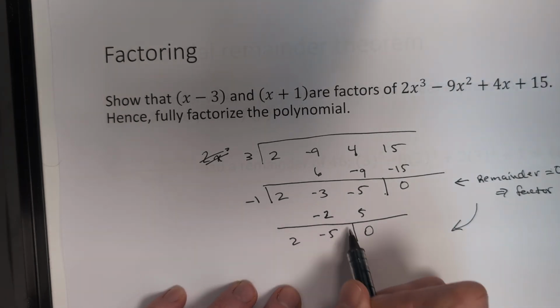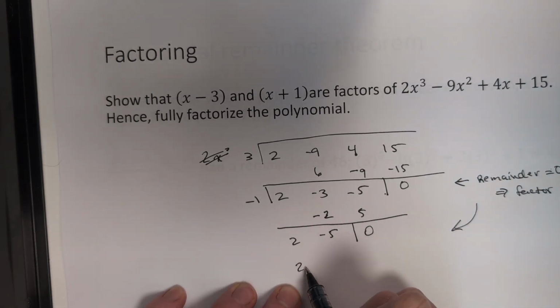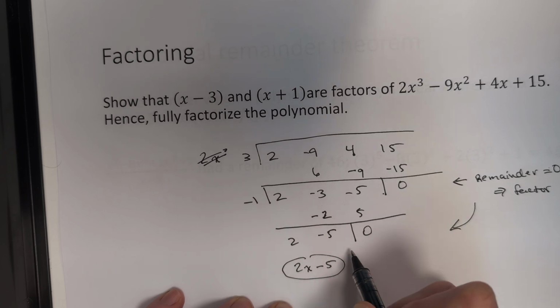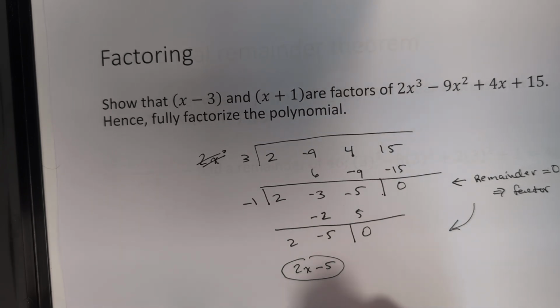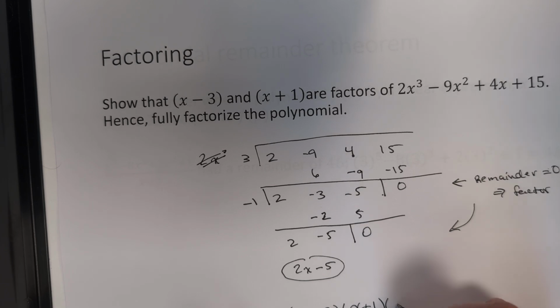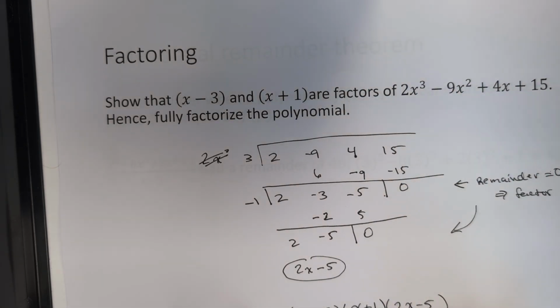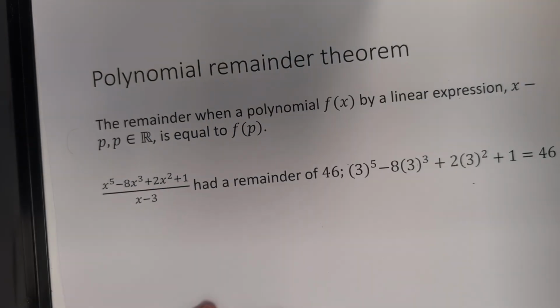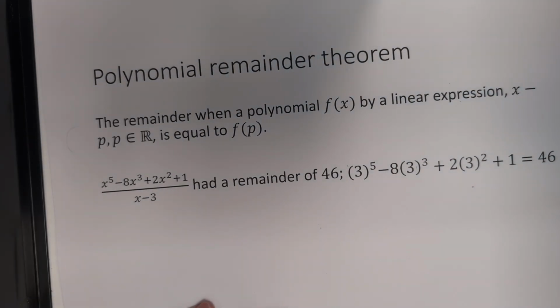We will also get here that this is the final one. So this is 2x minus 5. Write that right here. That's what's left. So x minus 3 times x plus 1 times 2x minus 5 is going to be the factored form of this polynomial.